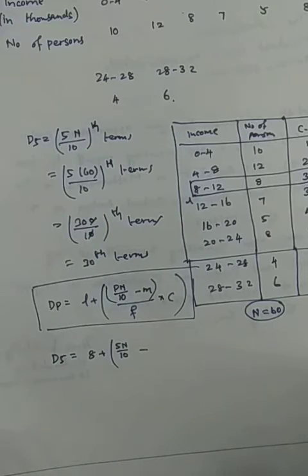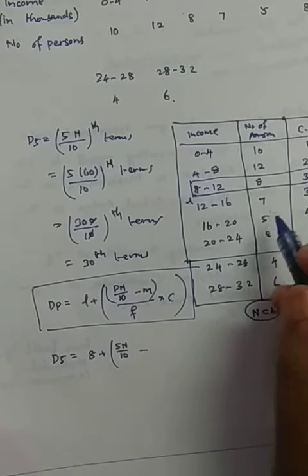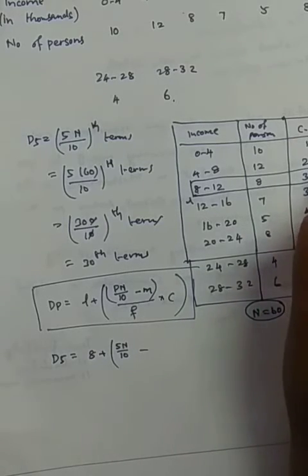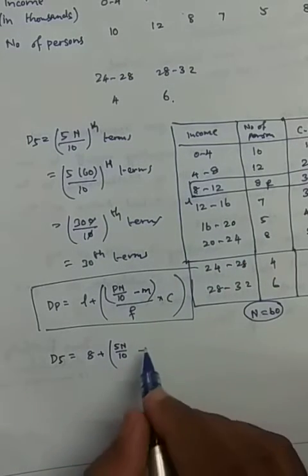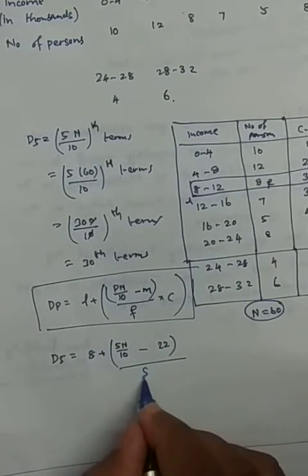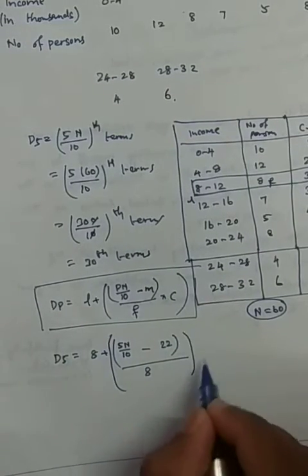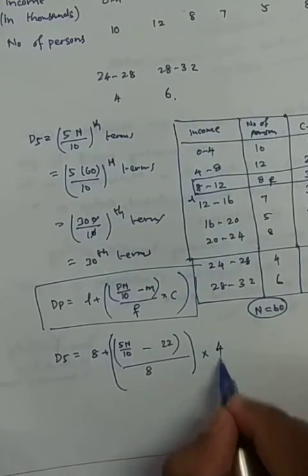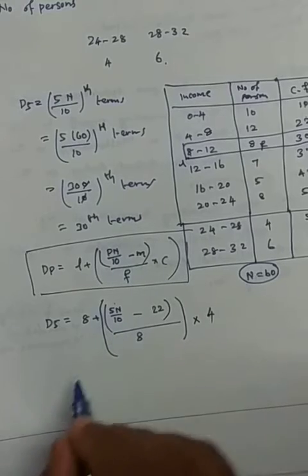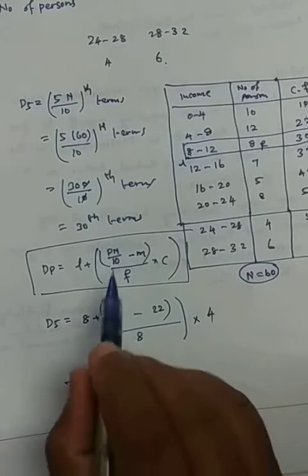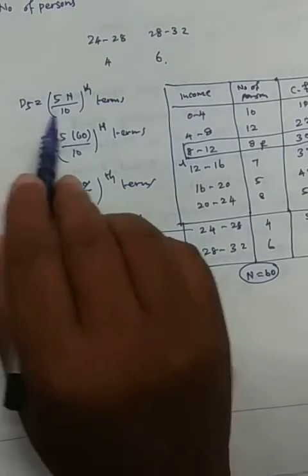M is the cumulative frequency. Cumulative frequency is how much we are getting here? Here 22, divided by f, which is 8 here. C, the difference, is 4, so into 4. As you know, 8 plus this value, 5n by 10, we just calculated is 30.